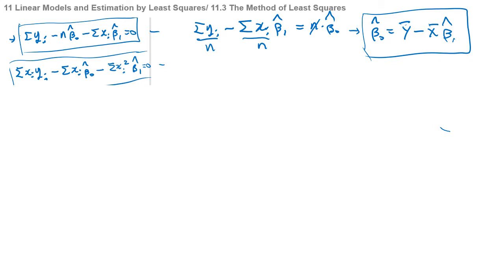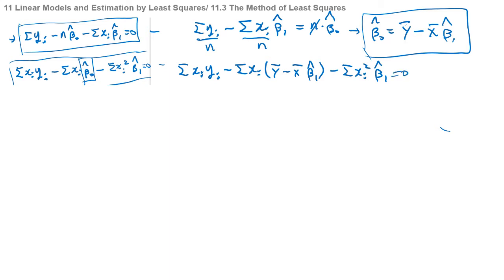And what about the second part? Second equation, let's put our beta 0 hat into here, and then what we get is sum of xi yi minus sum of xi times (y bar minus x bar beta 1 hat) minus sum of xi square beta 1 hat equals 0.